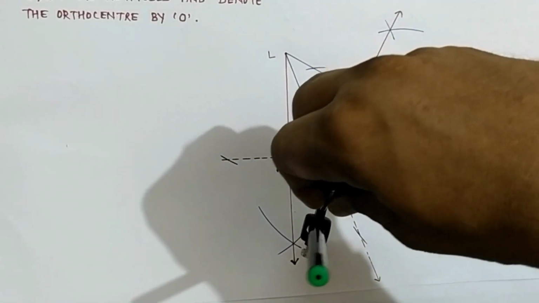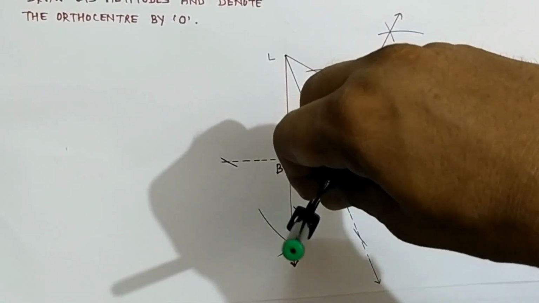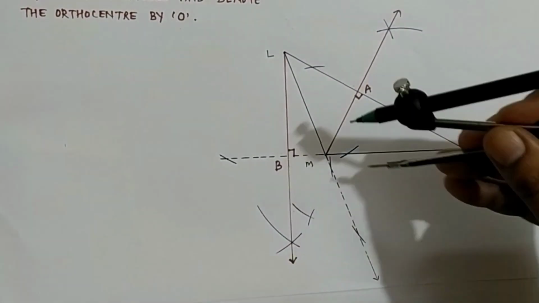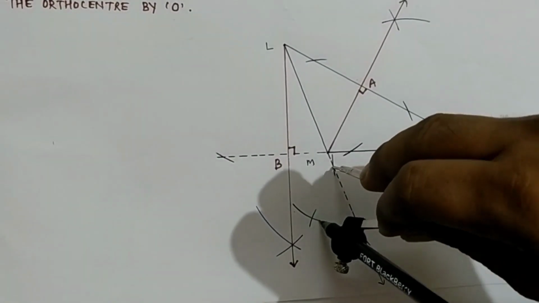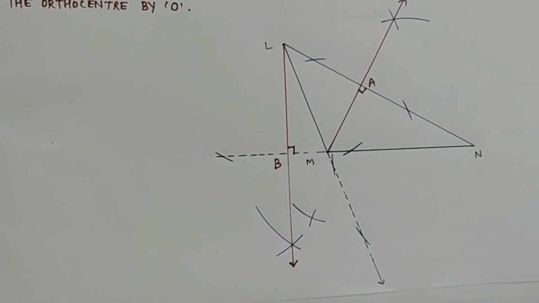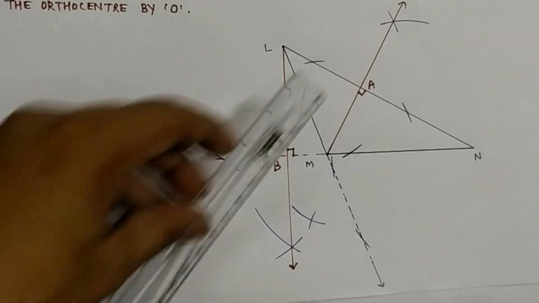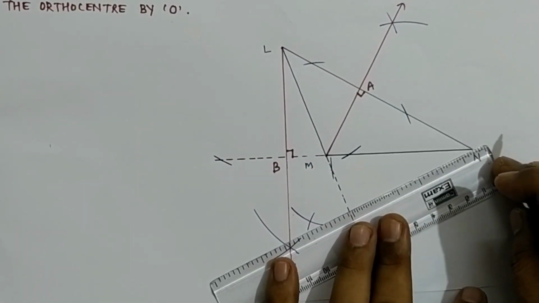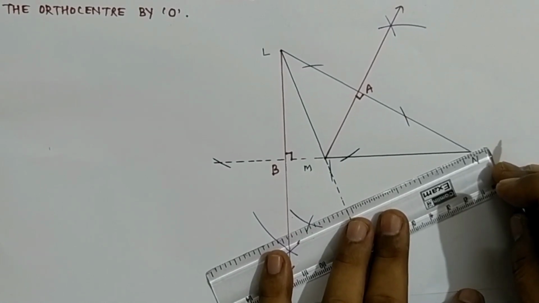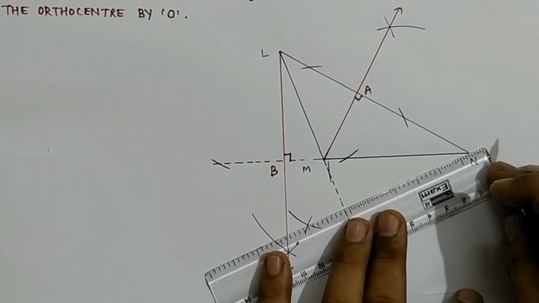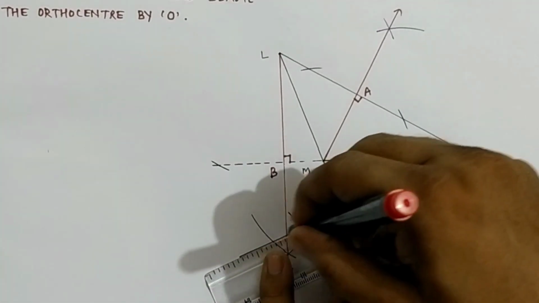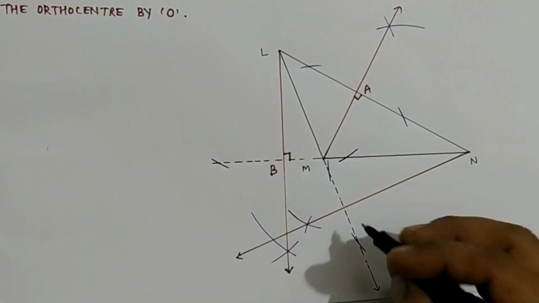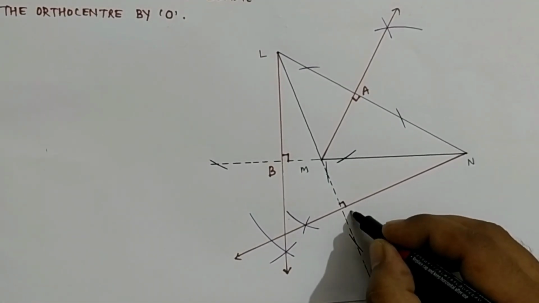Cut the arc, and then from this point also cut this arc. From this point N you are going to join this. Make 90-degree symbol here. This is point C.